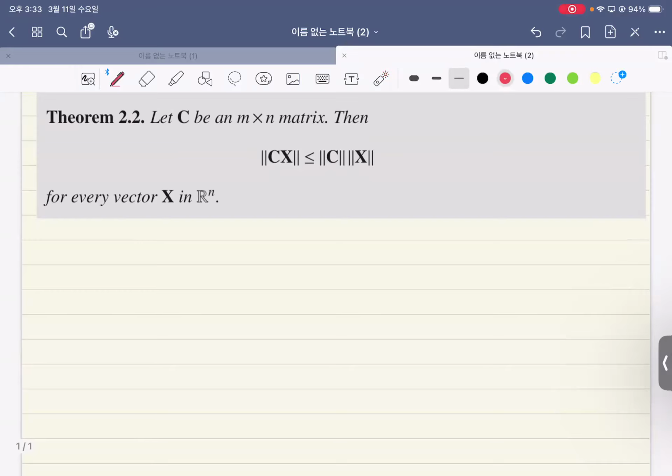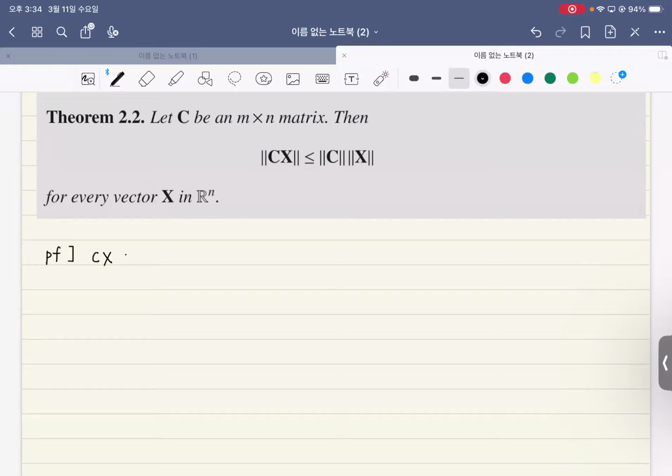Okay, so what is the proof? First, we try to compute C times x.